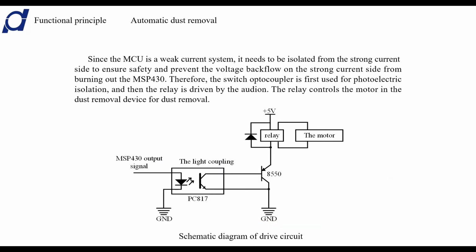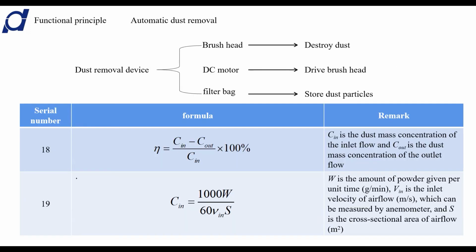The figure below is a schematic diagram of the drive circuit. The dust removal device is composed of a brush head, a DC motor, and a filter bag. The brush head is used to sweep the dust.